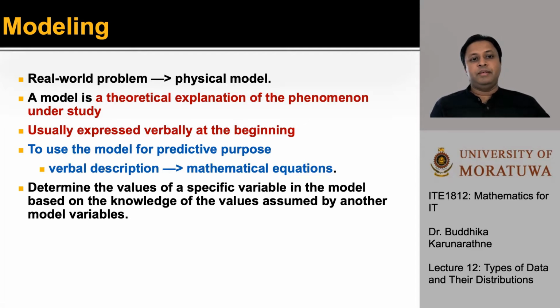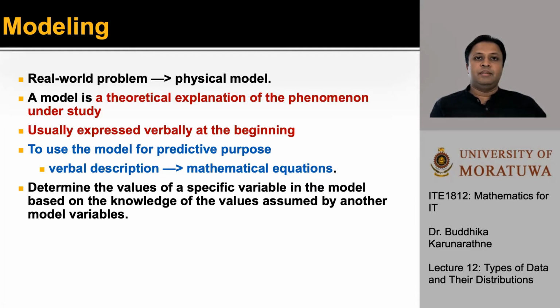A model can usually be expressed verbally at the beginning, before building any mathematical or numerical models. Then a model can be used for predictive purposes, to make reasonable predictions of future outcomes.